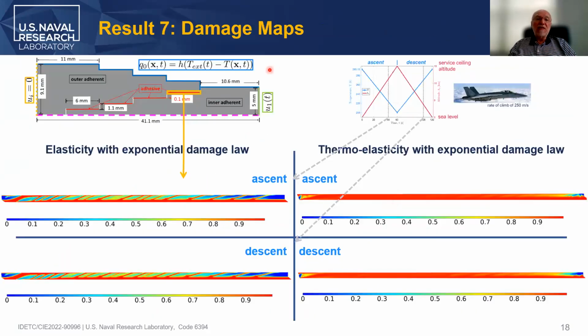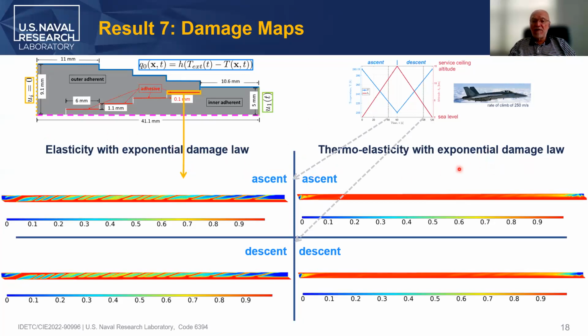So how does this damage look? Let's look at this layer, which is really the most critical one. That's the one with the higher concentration of stresses and damage and strain density accordingly. So here you see the comparison between having just elasticity with an exponential damage law, only structural mechanics.